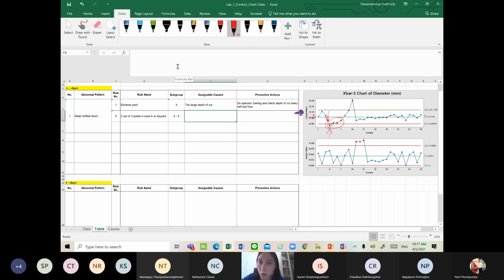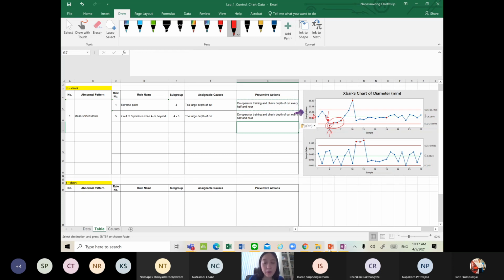The assignable cause may be the same thing, because they still use too large a depth of cut, continuing from subgroup number 4 to number 5. So that is a possible cause also, and the preventive action you can do is the same, right? Things like this.